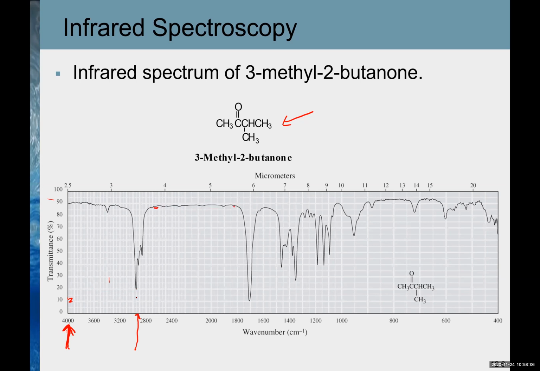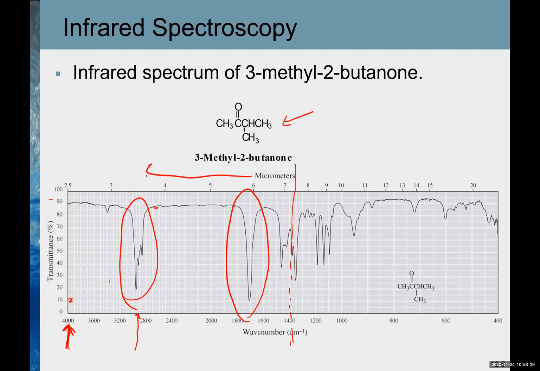Okay, so we look at the range where the main peaks are showing absorption. Infrared data or spectra is split into two sections, one higher than 1400, this side, and then this side, lower, from 1400 to 400, is called the fingerprint range.